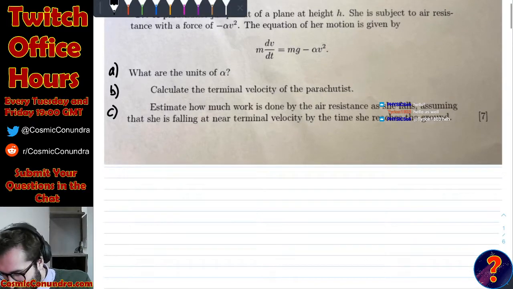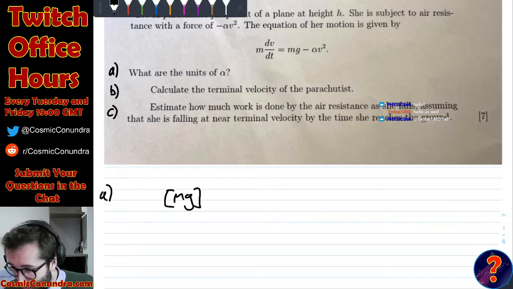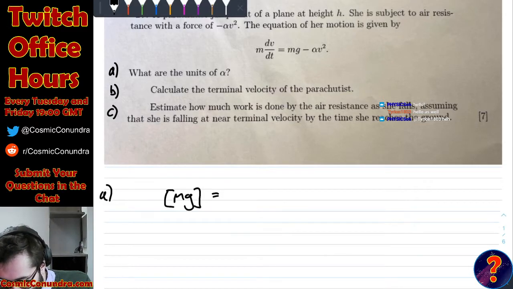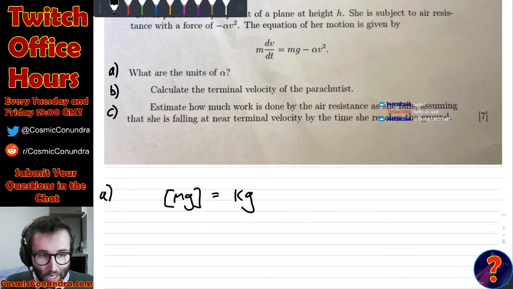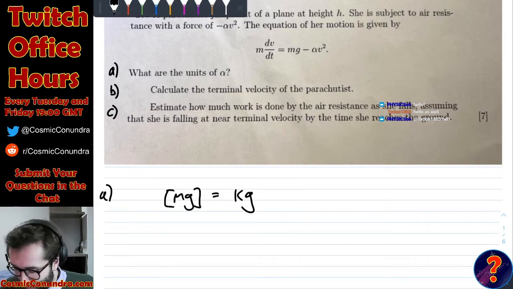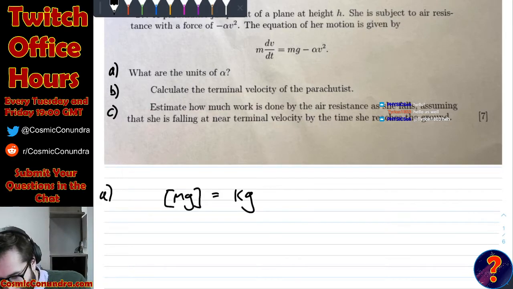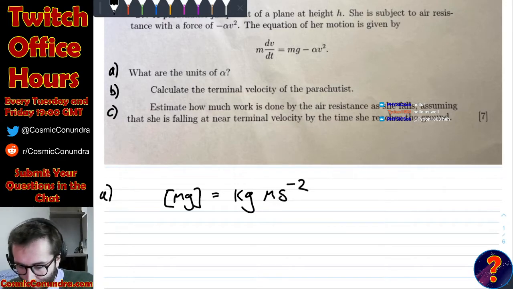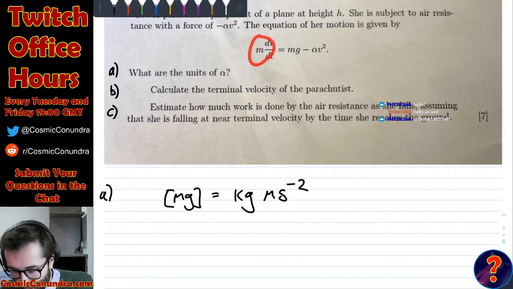Okay, so for part A, the units of mg, I put a square bracket to mean I'm finding the units of this thing. Well, the units of mass are kilograms, of course, and the units of g, the gravitational field strength or the gravitational acceleration, are meters per second squared. So these all have the units of a force, unsurprisingly.